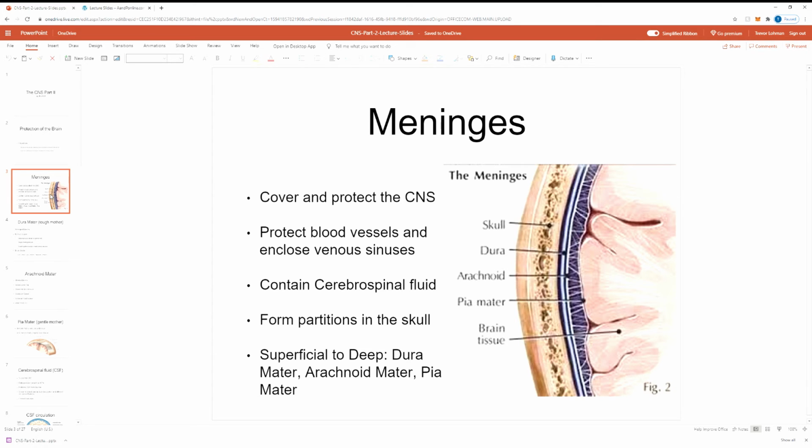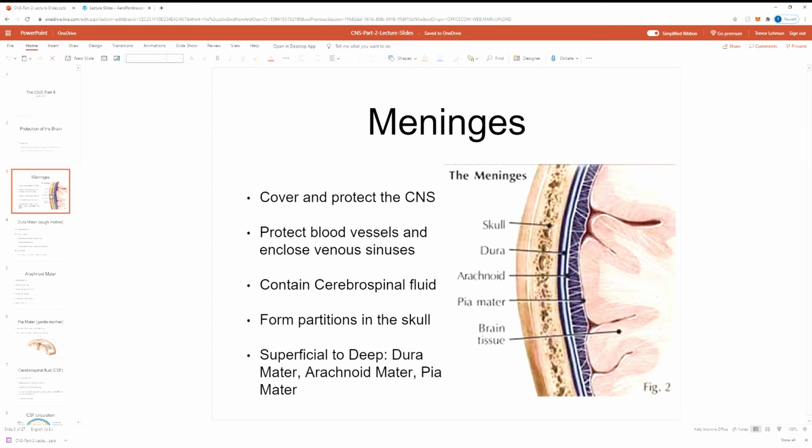So we can't really talk about protection of the brain without talking about the meninges. Of course, the skull plays a huge role, but the meninges do as well. You have 3 meningeal layers, and we're going to talk about what those are and what the individual characteristics are of each.